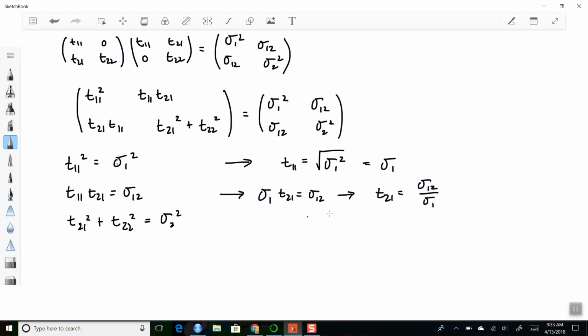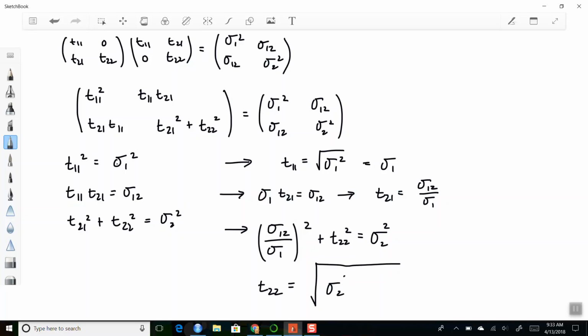Okay? And then if I plug that in, I have sigma 1,2 divided by sigma 1, quantity squared, plus T22 squared is equal to sigma 2 squared. And then, rearranging terms, T22 is going to equal the square root of sigma 2 squared minus sigma 1,2 over sigma 1 squared.